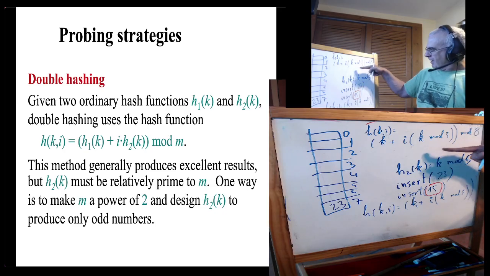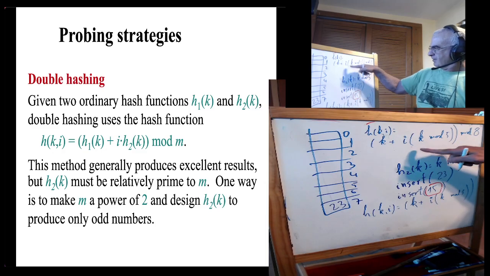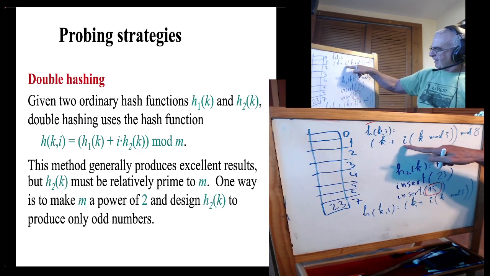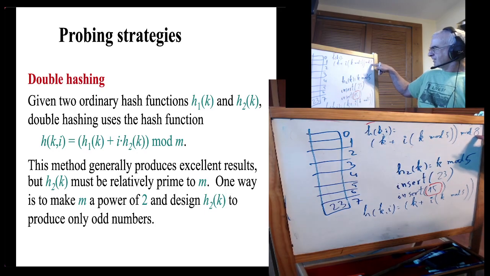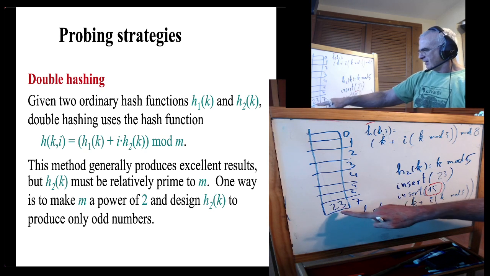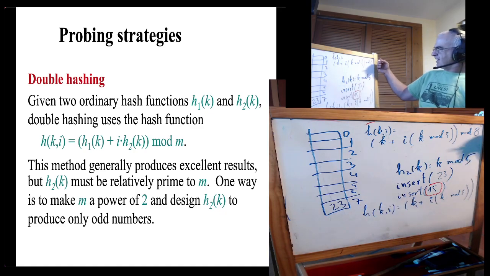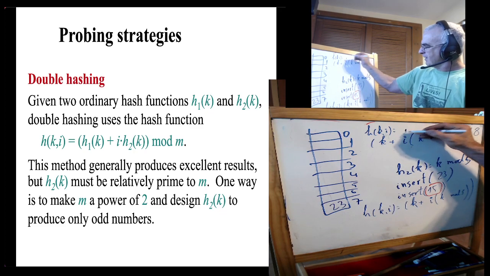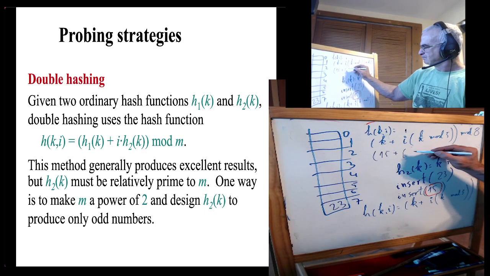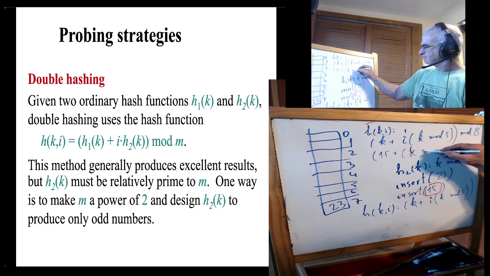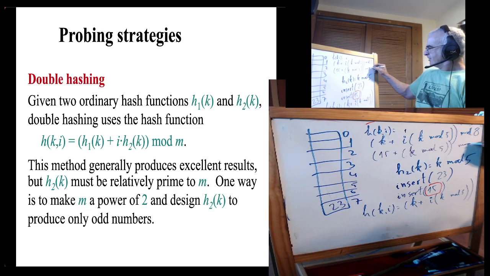Absolutely. My first attempt to insert 15 is at 15 plus i times 0, so that's fine. In my first attempt, 15 modulo 8 gives me 7. I'm attempting to insert 15 into this cell, but it's occupied. So where is my second attempt? i equals 1. My second attempt would be at 15 plus k mod 5, all of it mod 8.